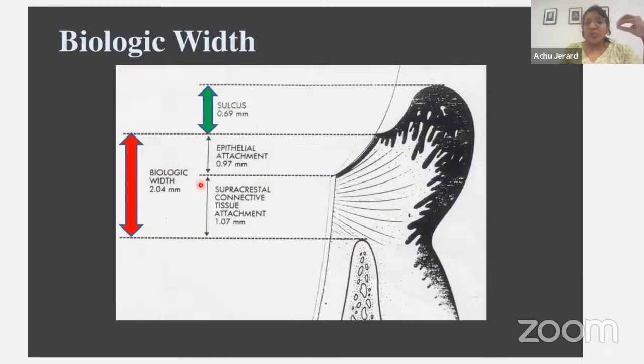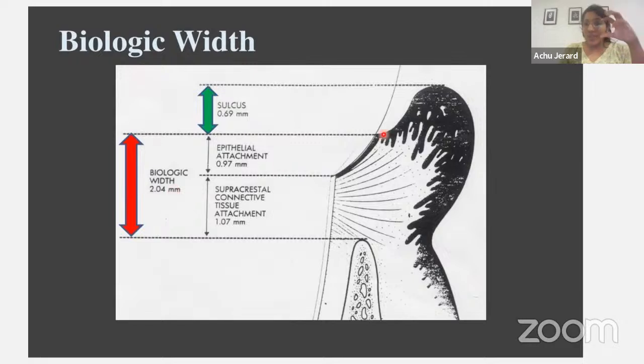The concept lies in the fact that whenever we place a restoration, it should remain within the gingival sulcus. And if the restoration hits this particular region, then there are high chances of periodontal breakdown and inflammation appearing in the long term of that restoration. That is where the significance of this biologic width lies. You need to know about the value 2.04 and what it is.